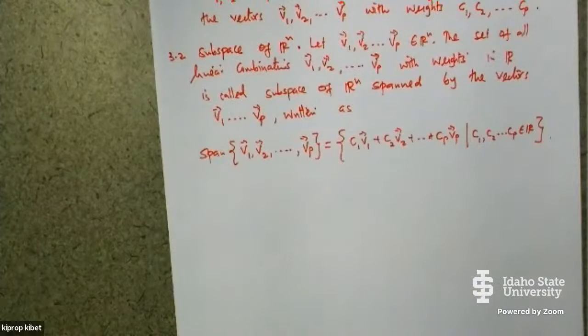So this span is just a collection of vectors. The subspace is a collection of the vectors found here, and this span is similar to the linear combination where the C's are real numbers, the weights.